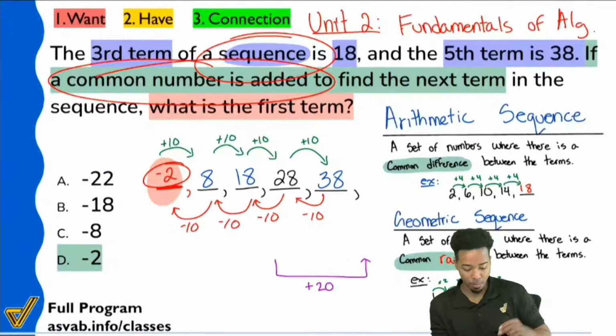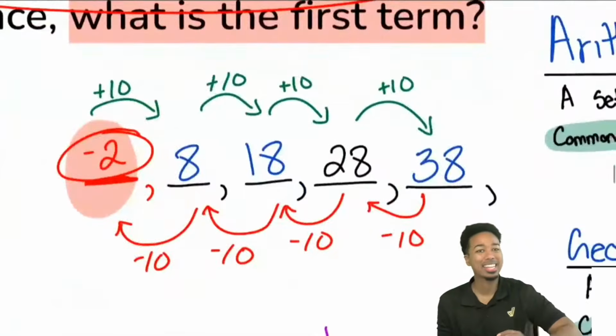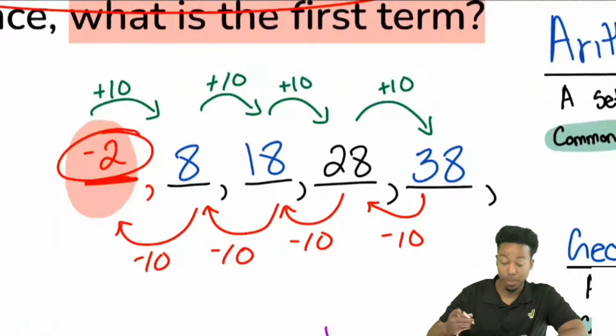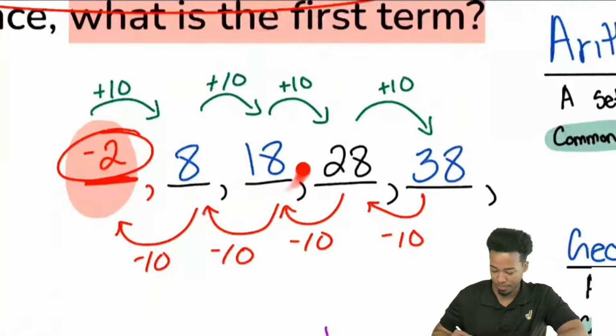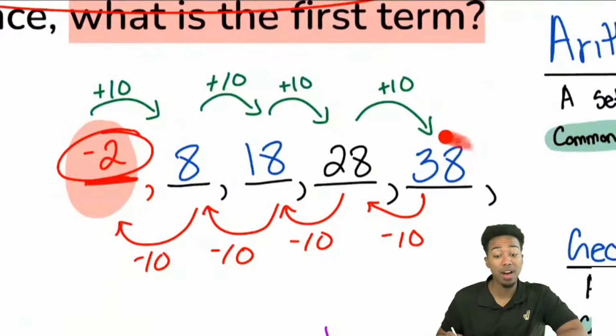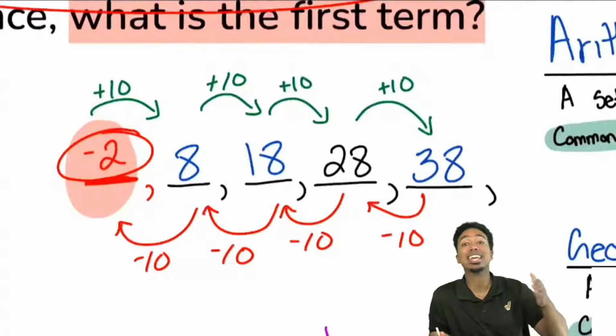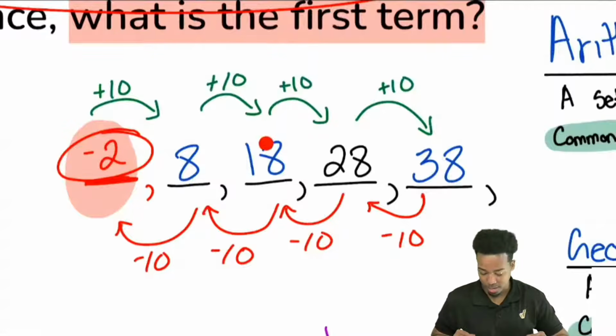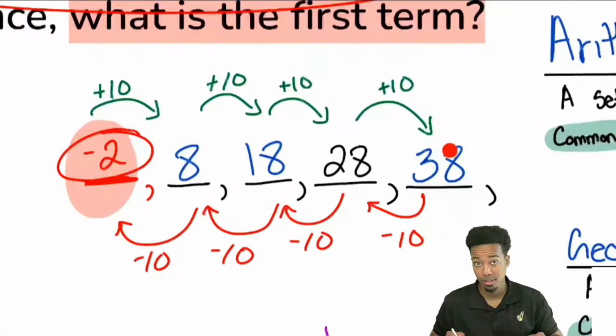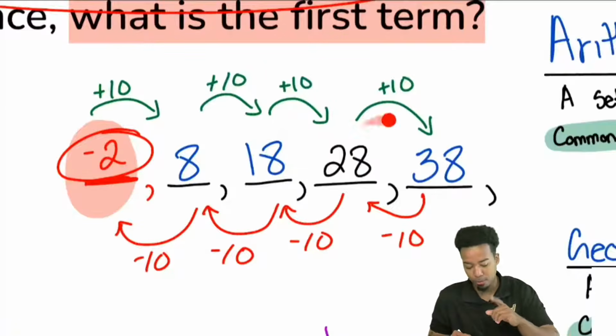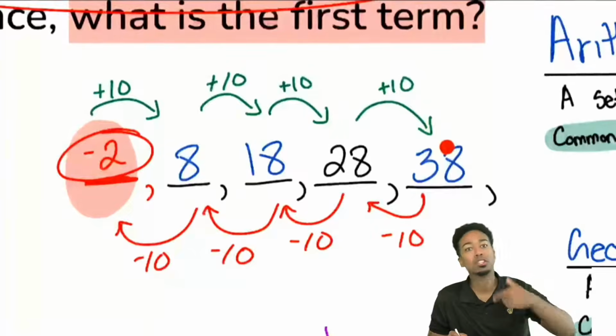Yeah, Krishan, so just going back to it, the reason that we found out that it was adding 10 was because if we're going from the third term, right over here, from number 3 to number 5, you added the same thing twice because you went from here to here, then here to there. So we didn't know what this number was here, right? So we went from here, 2 times to get to 38.